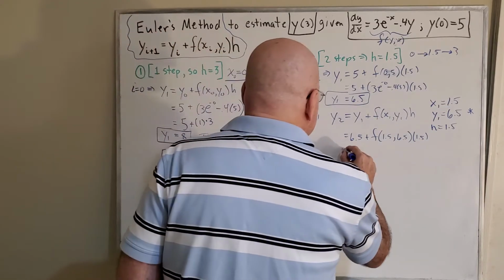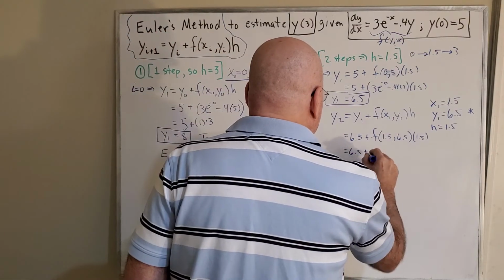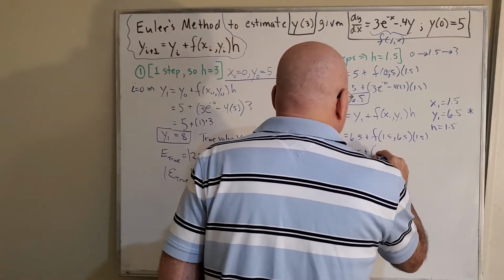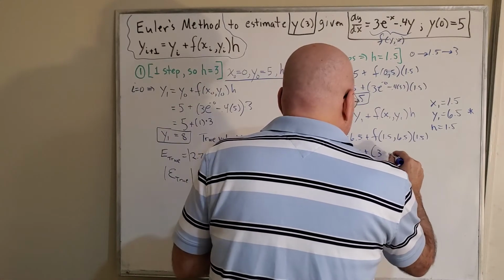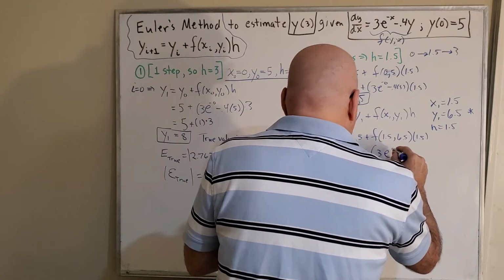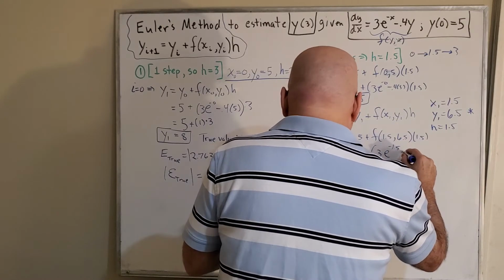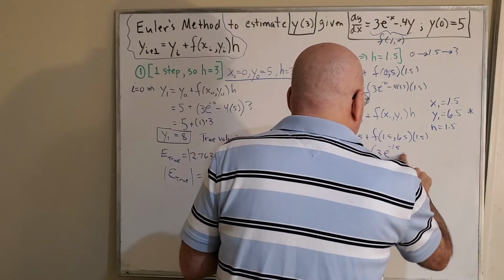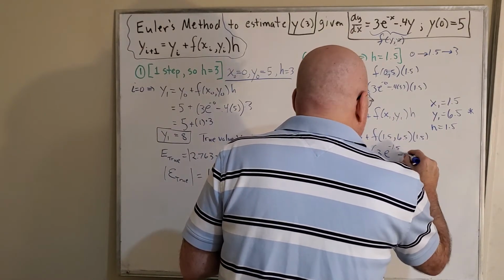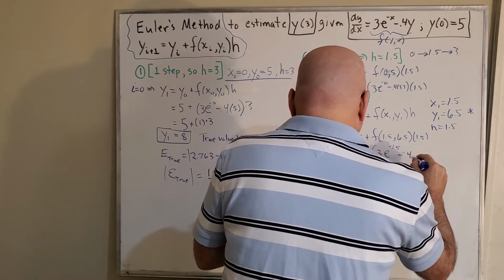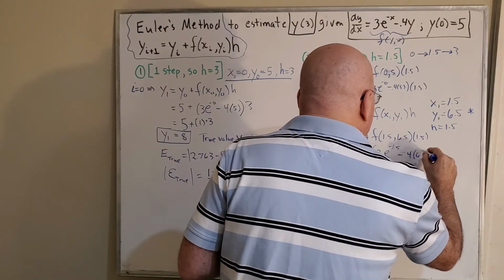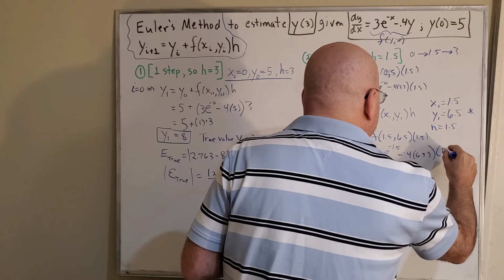And that gives us 6.5 plus 3e to the negative 1.5 minus 0.4 times 6.5, times 1.5.